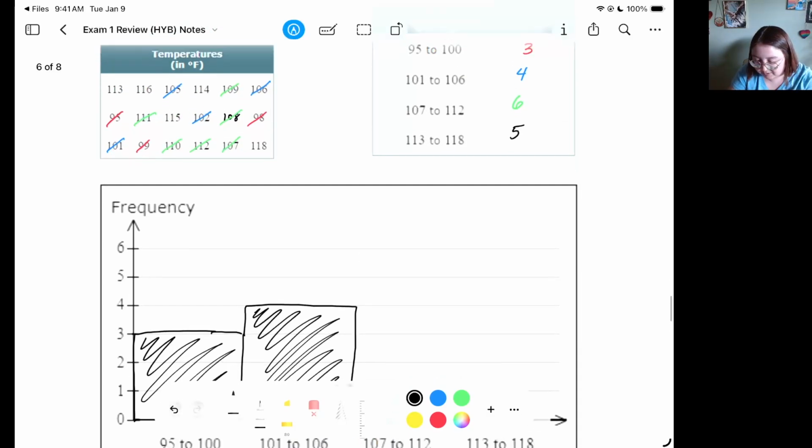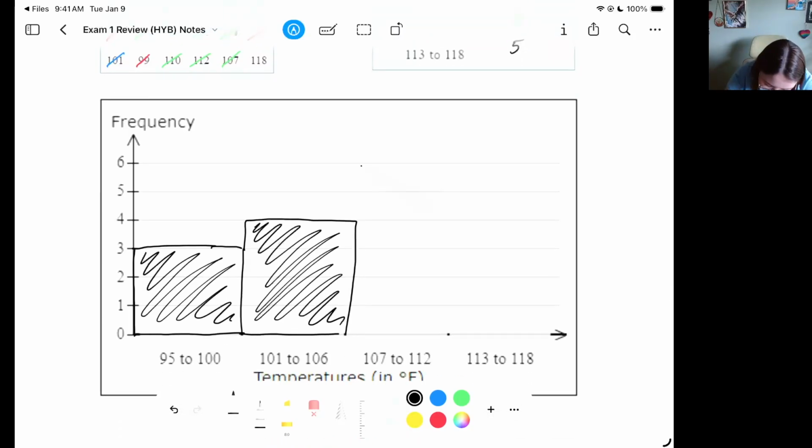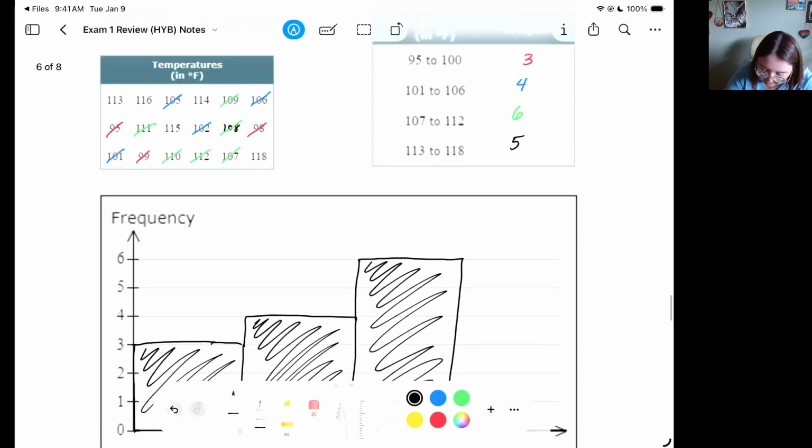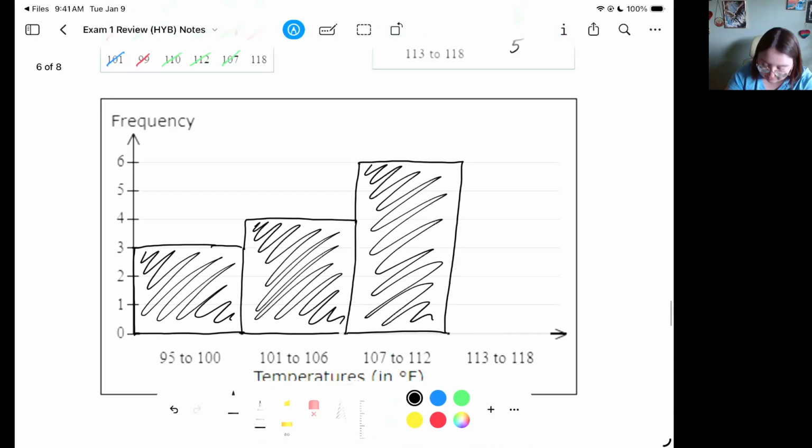Then from 107 to 112, it was 6. So it goes all the way to the top. Shade that in. And then lastly, our last one, 113 to 118, is 5. So we'll go right to the end there.